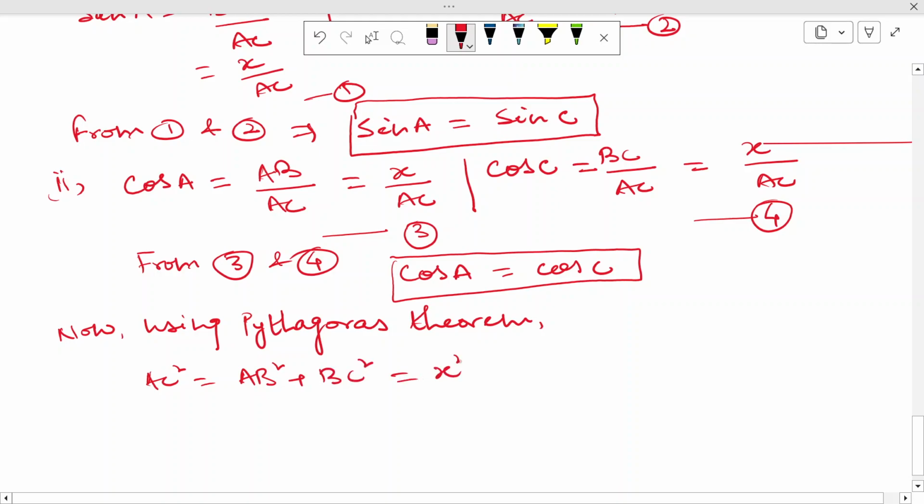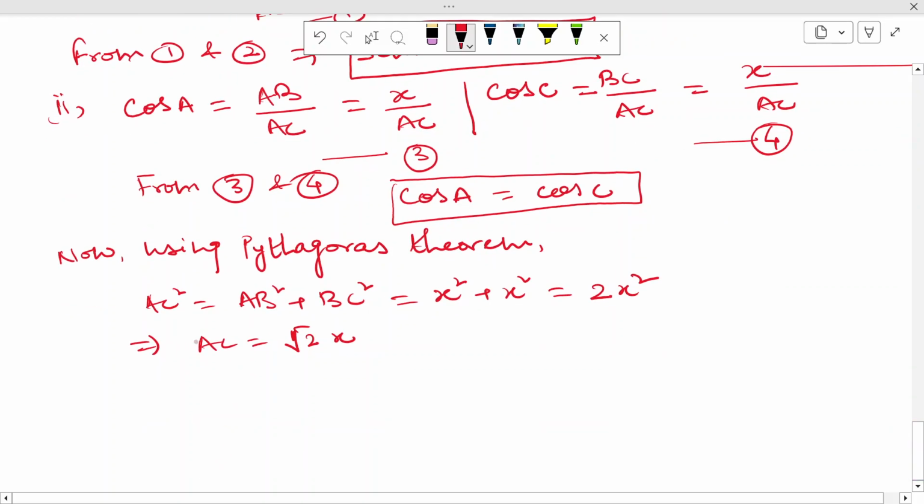That will be x square plus x square, so it is coming out as 2x square. From here you will obtain AC as square root of 2 multiplied by x. So this is our AC.